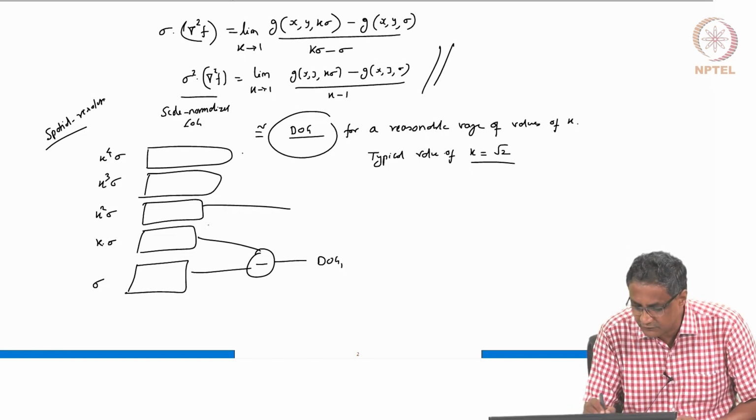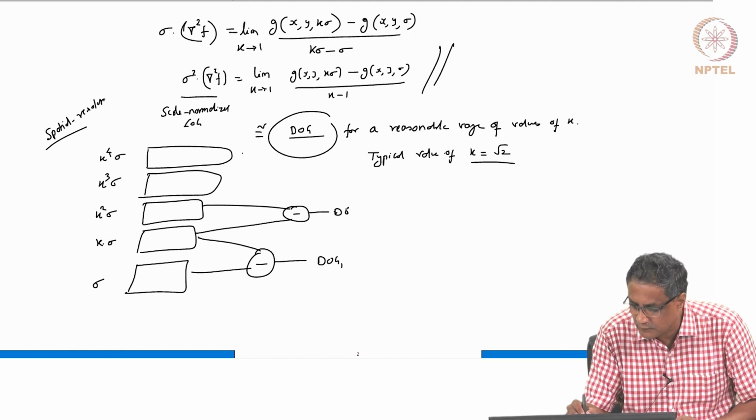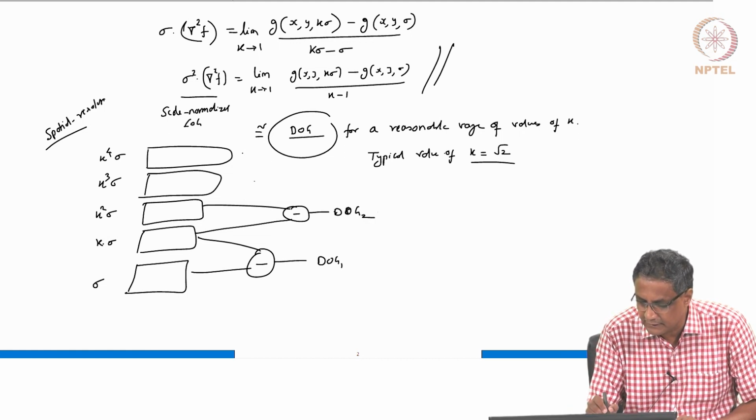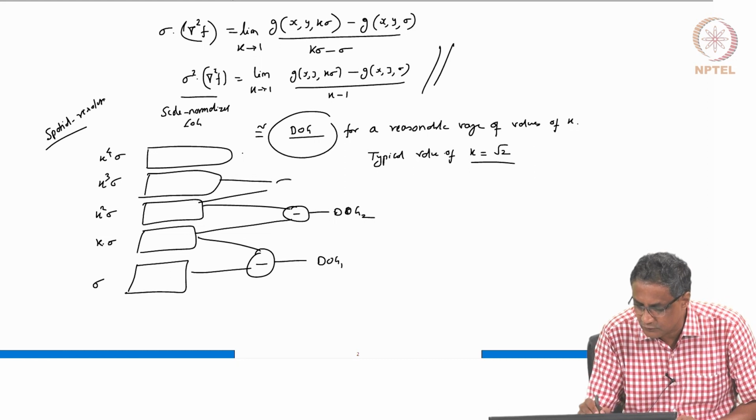Then you take these two, subtract them, and you get DoG 2. Then you can take these two and get DoG 3. In fact, in his paper, he goes up to DoG 4.